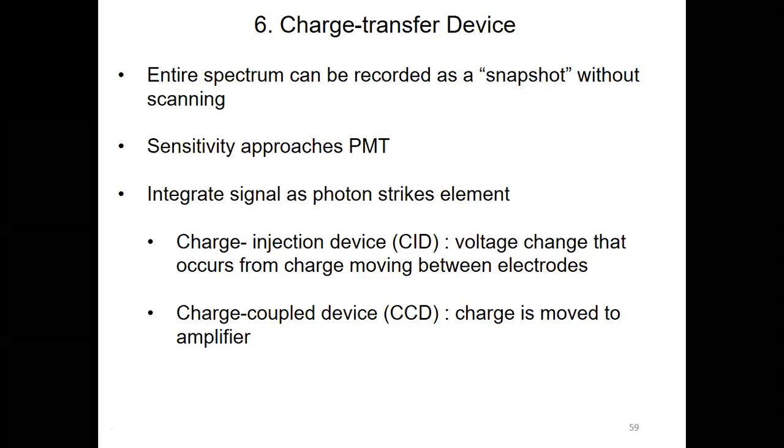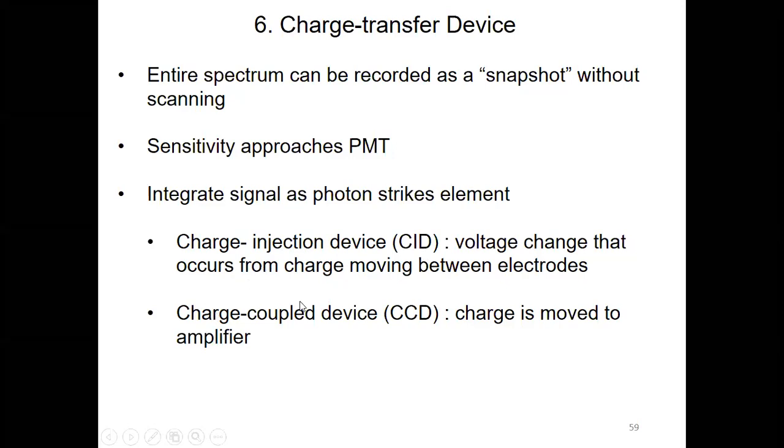There are two types of charge transfer devices, CID and CCD detectors. CCD, charge coupled devices, are one of the most prominent ones. You will hear when you use an instrument, okay, this one has a CCD detector. That is one of the most frequently available types. And then there is the charge injection device, CID.